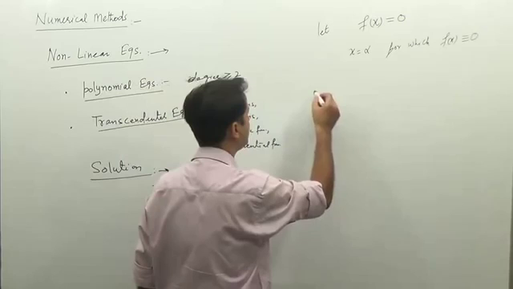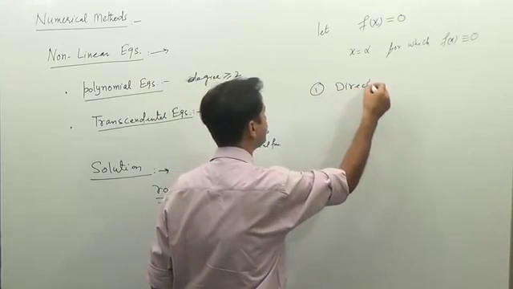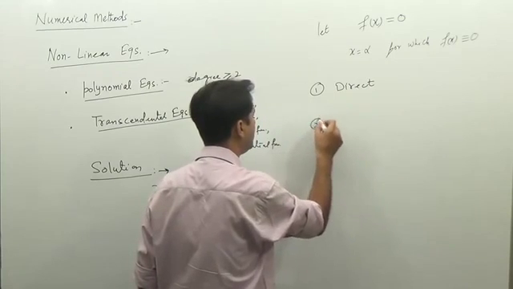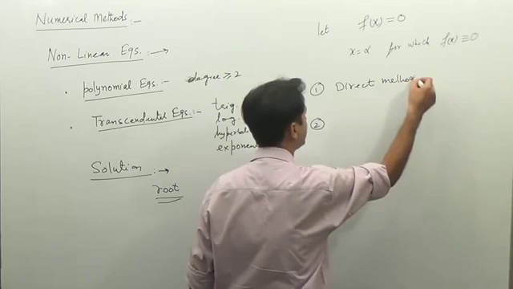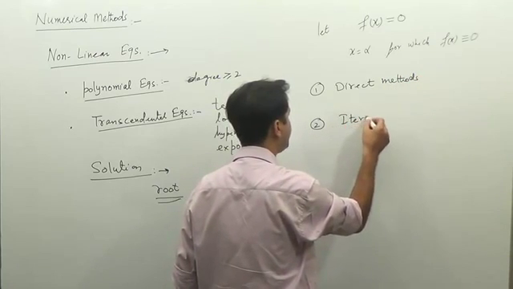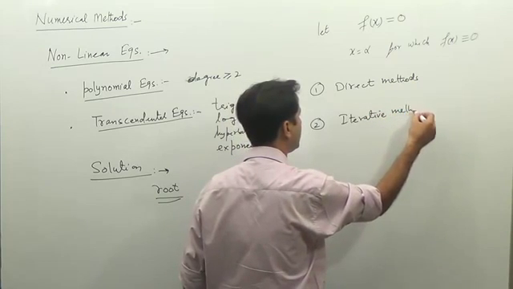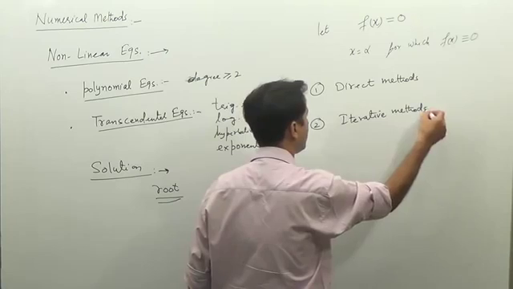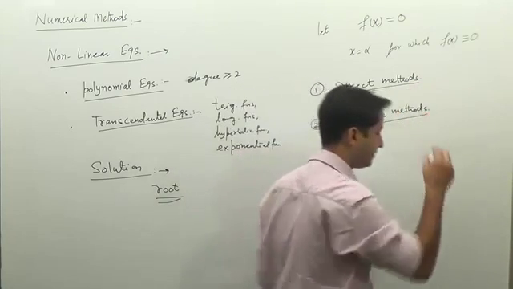Whenever we are finding a root, there are always two types of methods. One is called the direct methods, and the second is called the iterative methods.